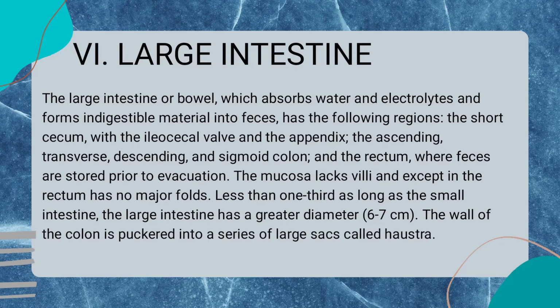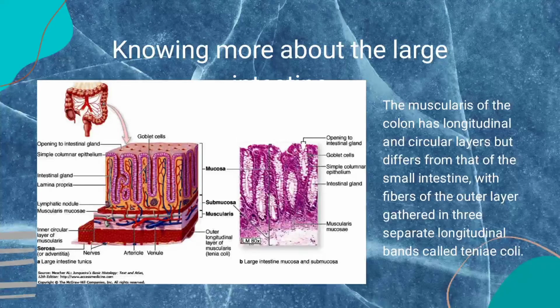Functions of the large intestine include the absorption of water and electrolytes and the elimination of feces. The muscularis of the colon has longitudinal and circular layers but differs from that of the small intestine, with fibers of the outer layer gathered in 3 separate longitudinal bands called taeniae coli.